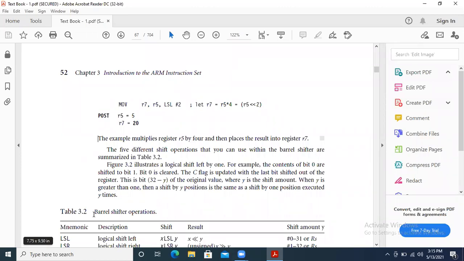LSL means logical shift left. How much am I doing here? 2. 2 means 2 square. The value is 4, so I have to use R5 into 4. R5 is 5, into 4 means 20. So I have to keep the 20 value in R7. So this is called a barrel shifter. Is that clear to all of you?